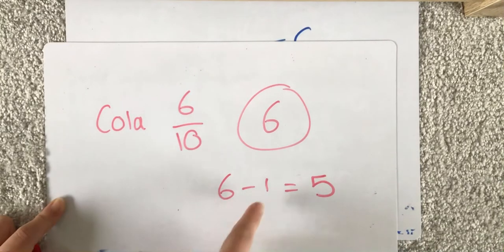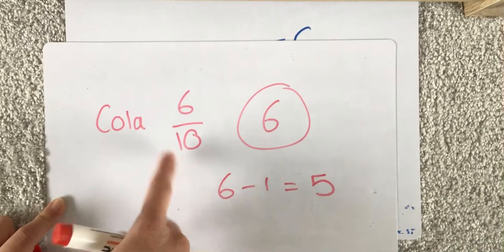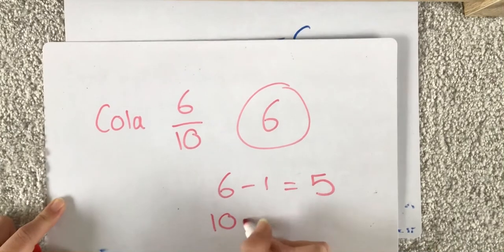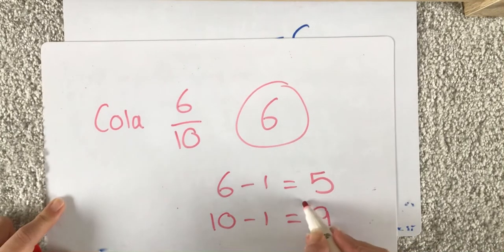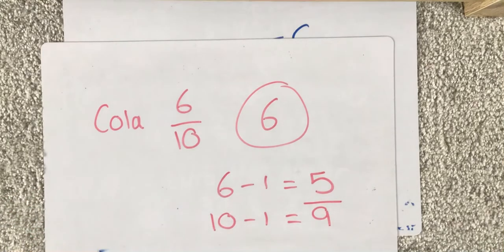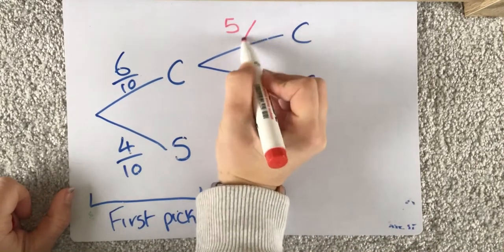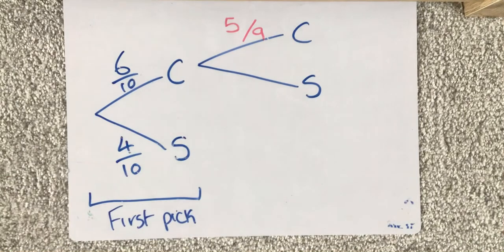Because I've got this minus 1 here, I'm also going to have to minus 1 from the total number of sweets because I've taken out a sweet. So I've got 10 minus 1, which gives me 9. So what I actually end up with is the probability of 5 over 9. So what happens here for my cola is I now have 5 over 9 rather than 5 over 10, because we've taken a cola bottle out.